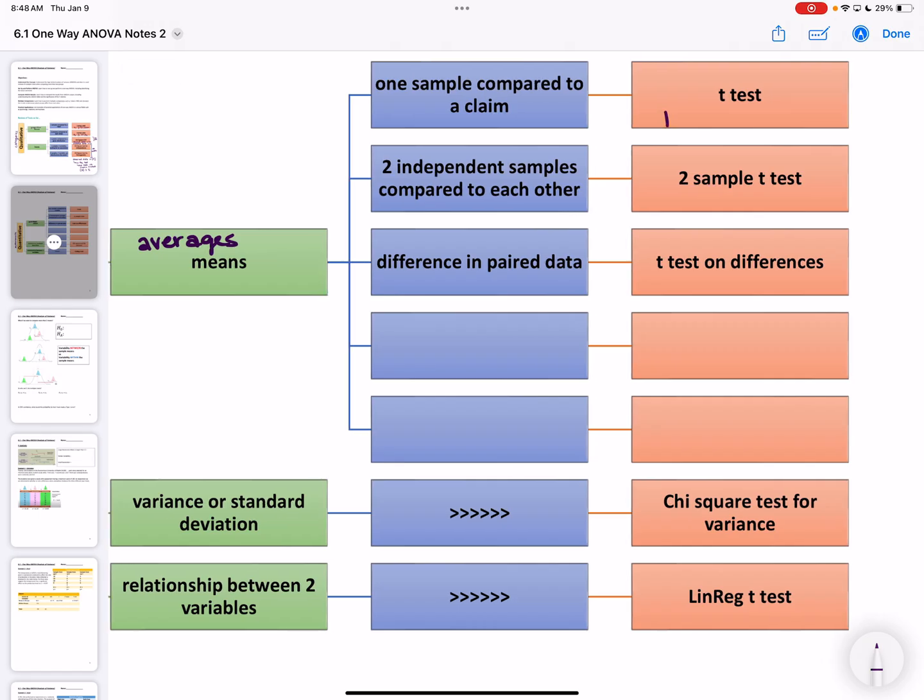So your null is going to have mu compared to a claim, okay? If it's two independent samples and we're comparing them to each other, that's a two-sample t-test. So my null is going to compare the first average to the second average.